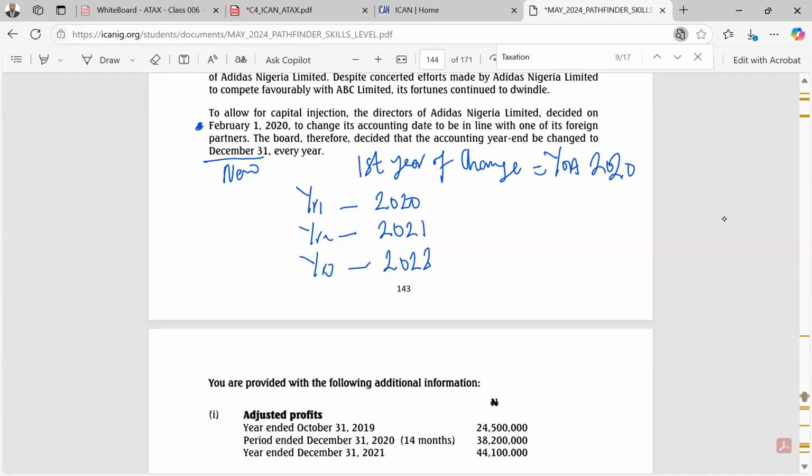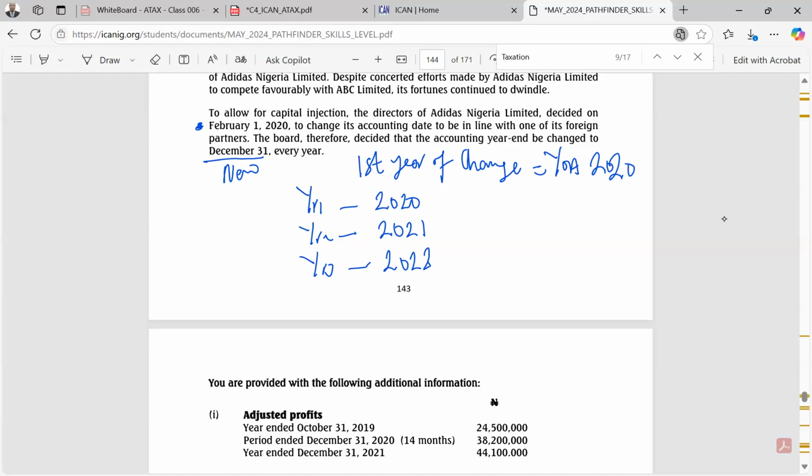So the year we'll be assessing the tax will be 2021, so the 2021 basis period will be from November 2019 to October 2020, right? Continue, I'm yet to get your question. I'm trying to understand.